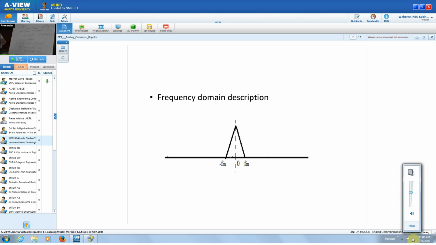Similarly, for different frequency, for USB, delta f is positive.